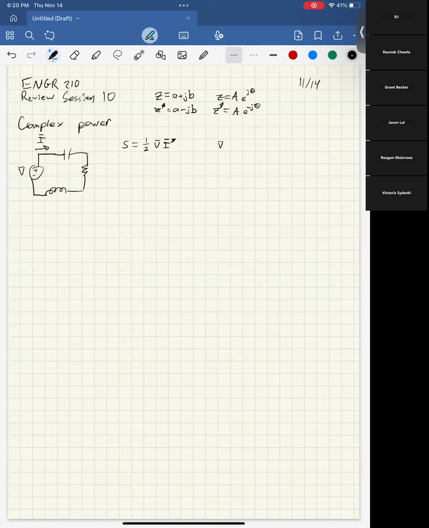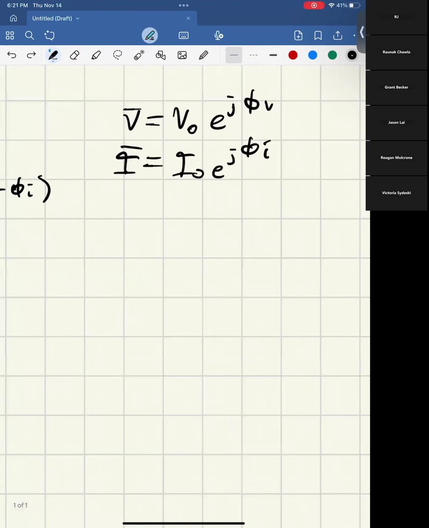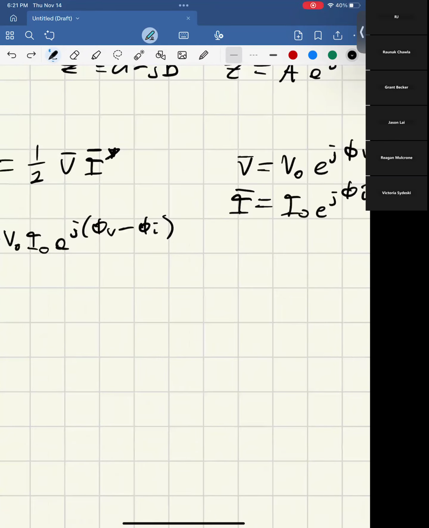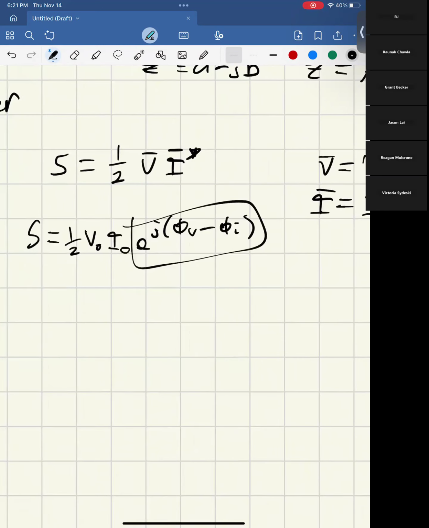V bar is V naught, the amplitude, times e to the j phi V. I bar equals I naught e to the j phi I. And then if this is our S, we can also write S as 1/2 V naught I naught e to the j (phi V minus phi I), because I conjugate would be the negative of that exponent, and this is what happens when you multiply those two by exponent rules.